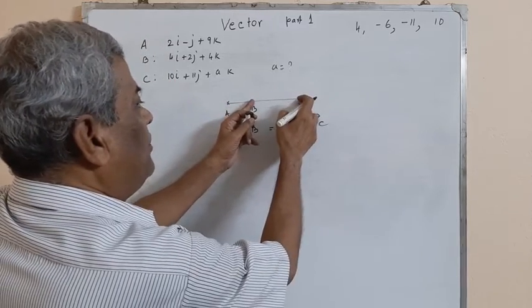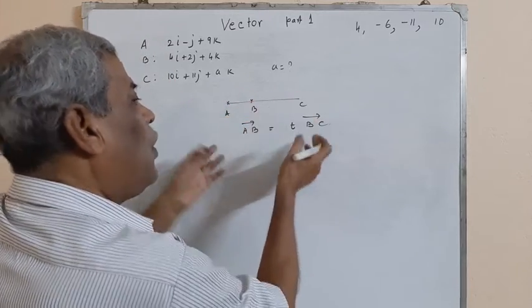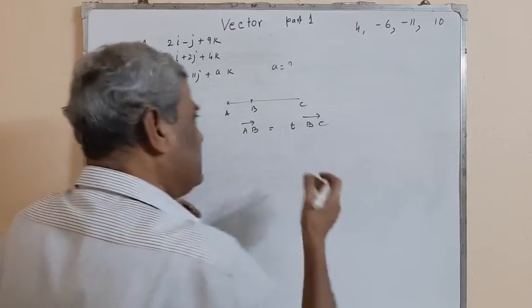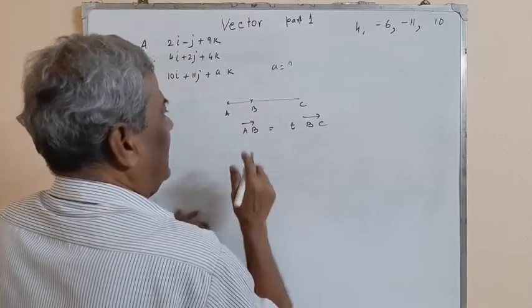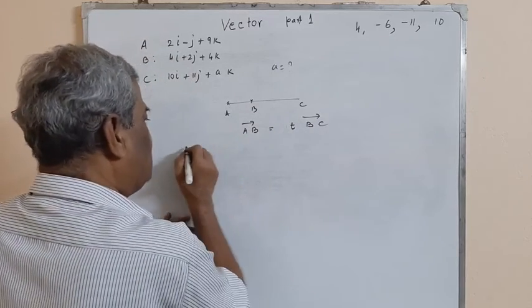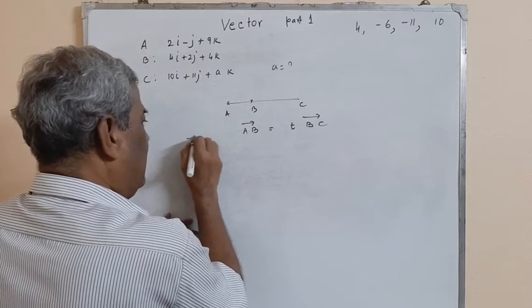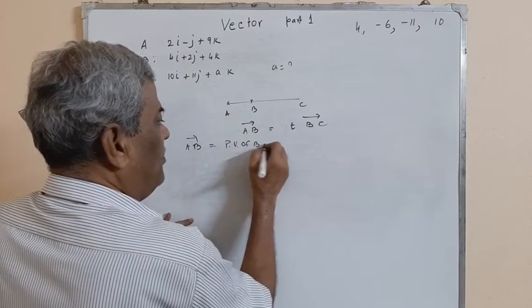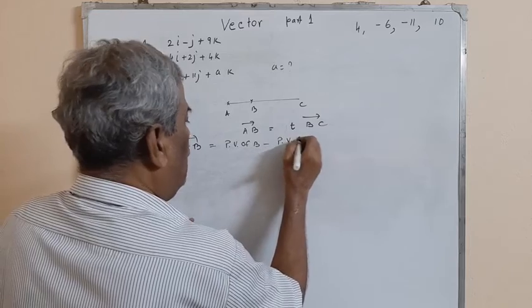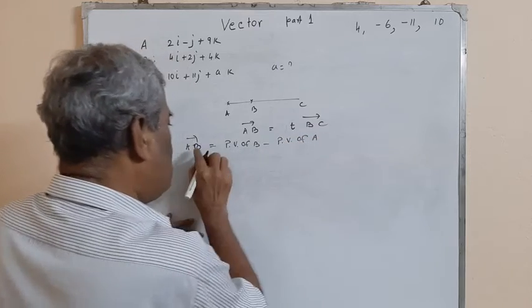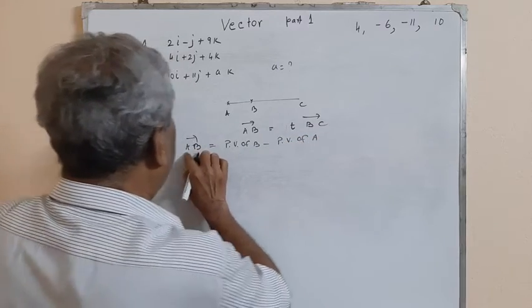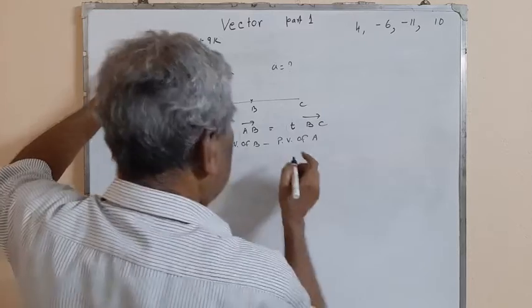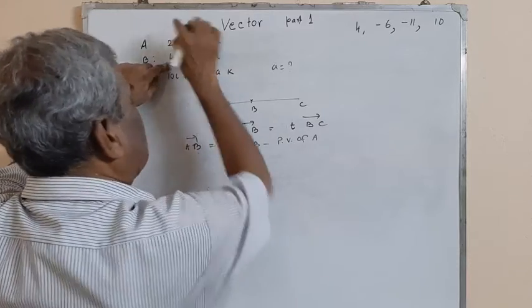AB is equal to some constant into BC or AC. You can take AC also. The AB vector, how much? AB vector is equal to position vector of B minus position vector of A. So it is equal to this minus that.